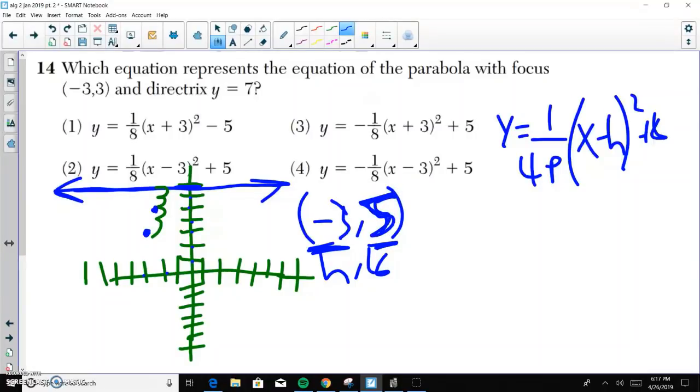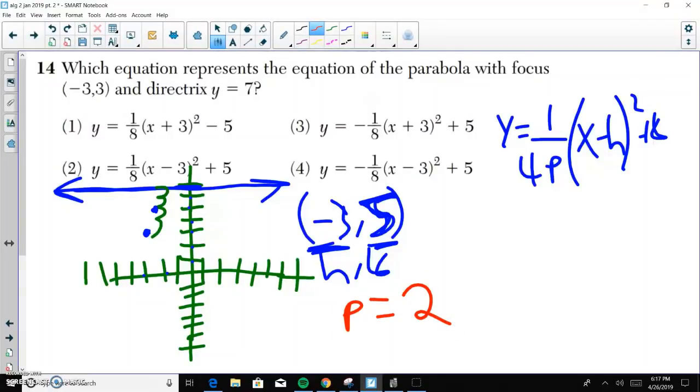Okay, so now we have to know what is p. So we actually found out p already. We know that the focus and directrix are 2 points away from the vertex. So p equals 2.